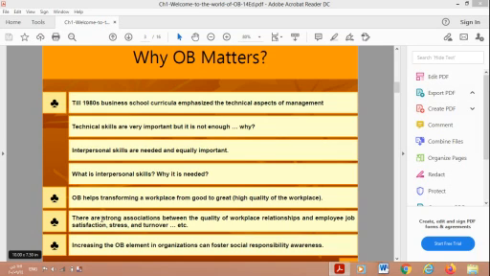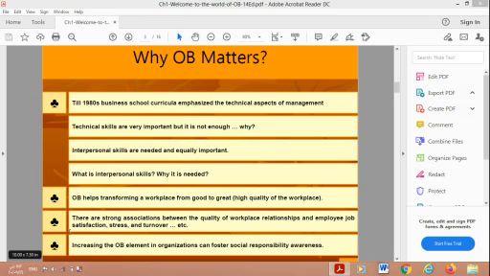Because if there are positive social relations among the employees and their managers, this will lead to overall satisfaction for them. Also, this will lower the stress at work and lower the intention of employees to leave the organization. So it will decrease the turnover rate within the organization.